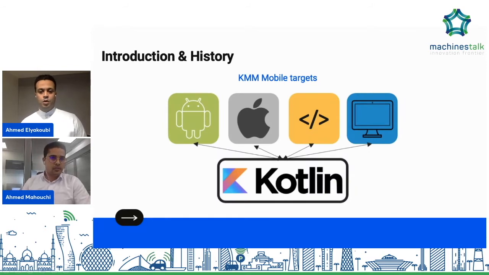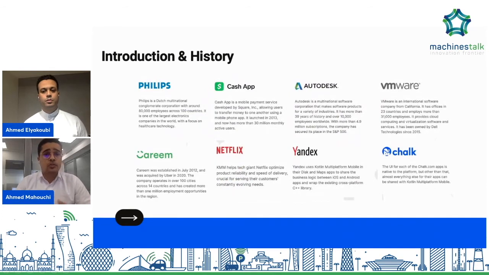Let's move now to see some of the targets supported by Kotlin Multiplatform. Kotlin Multiplatform supports mobile targets like Android devices, TV or watches, and iOS devices with the Apple Watches, and also web apps. Because of this support of different targets, many famous companies today decided to use KMM.